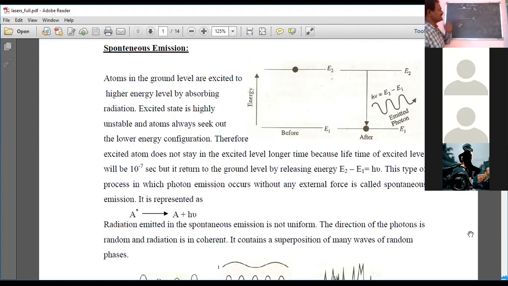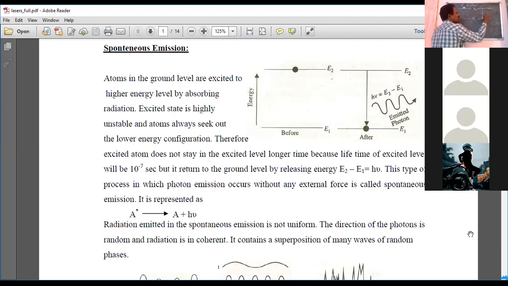If it is short-lived in the excited state, it wants to give away its energy. So if you see carefully, this atom in the excited state wants to lose its energy and come down to the lower energy state.